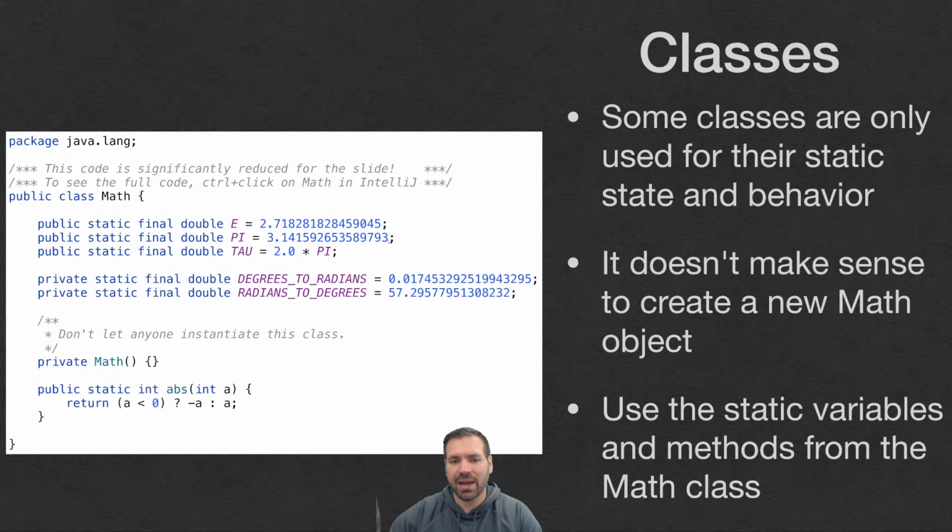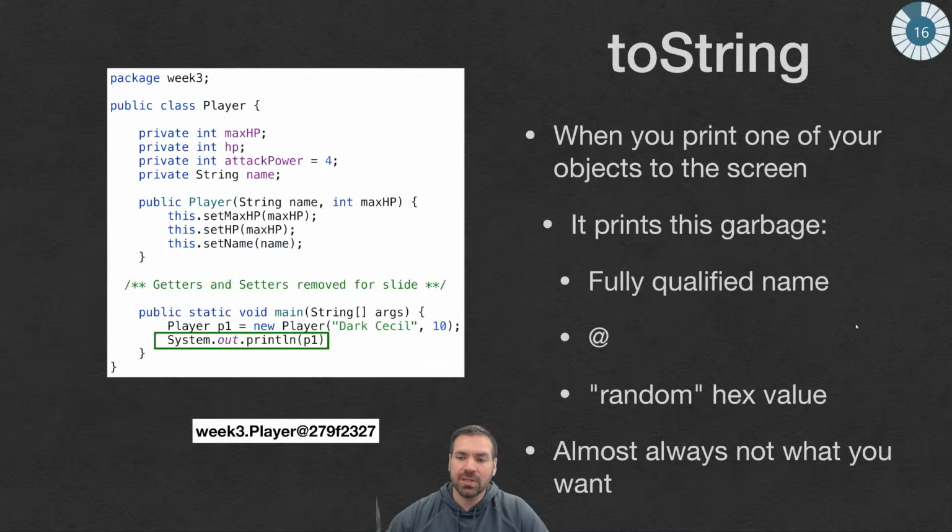If they added one more digit, it wouldn't fit in a double anymore. So this is the one you want to use, so you have the most precision and the most accuracy in your code. Same with e, same with tau. Use these constants if you need them. So static is still useful, like the math class demonstrates.